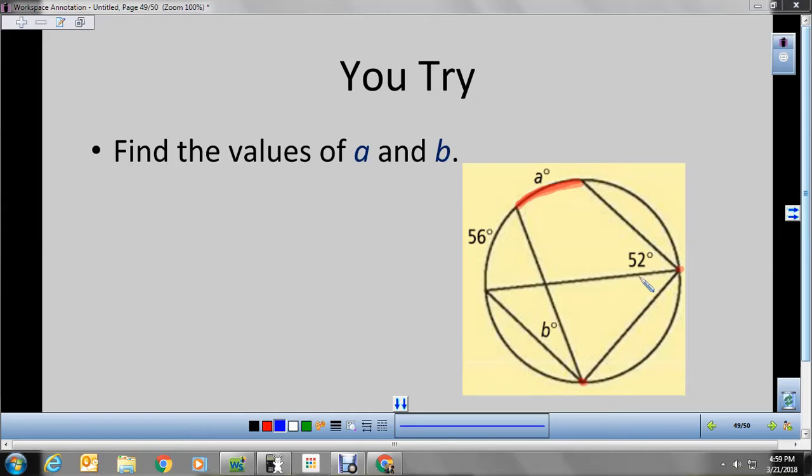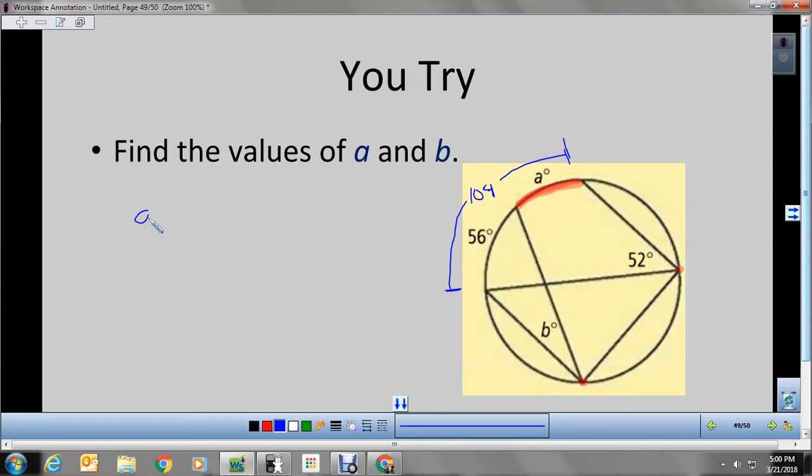So one thing we do know is that 52 degrees is the inscribed angle. So it opens up to the intercepted arc that goes from here to right here. And so if we double this, our measure is going to be twice 52, which is 104. So this is 104. Now we know that 56 is from here to here. We know that 56 plus A is going to give us the entire arc.